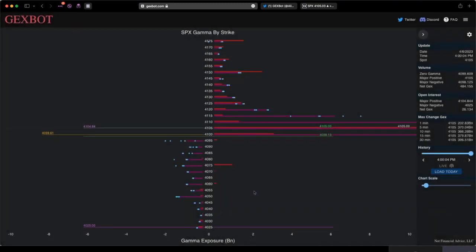One thing I did want to ask you about, and I'll have clarified this in the other video, but just to remind everybody: these dots, what are they? How do you use them? Right. So Gexbot is done in price ladder form.